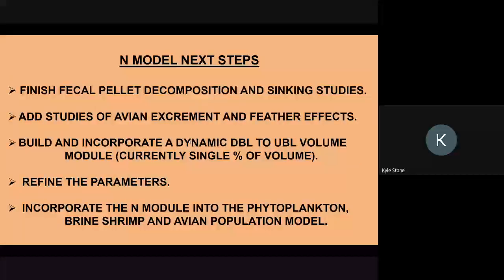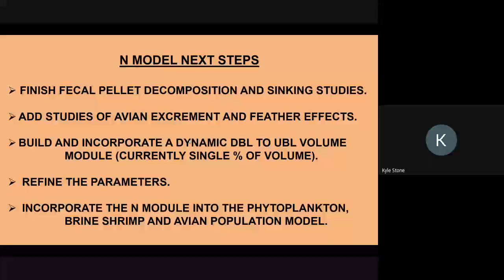Where are we at with the model? Well, we haven't finished the fecal pellet decomposition studies and the safety studies of those pellets. We're testing how fast they rot at the different salinities, and we're just about done with that. It makes no difference. They drop so fast that no matter what salinity you're looking at, they're down on the bottom within a day.